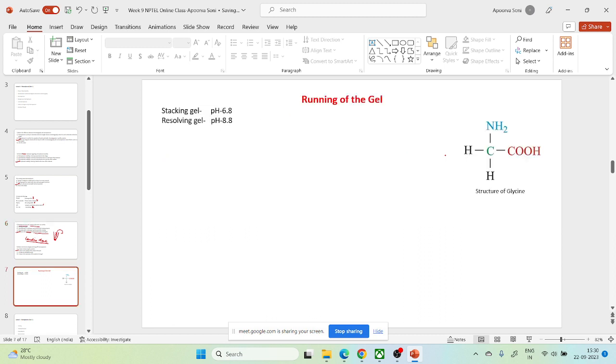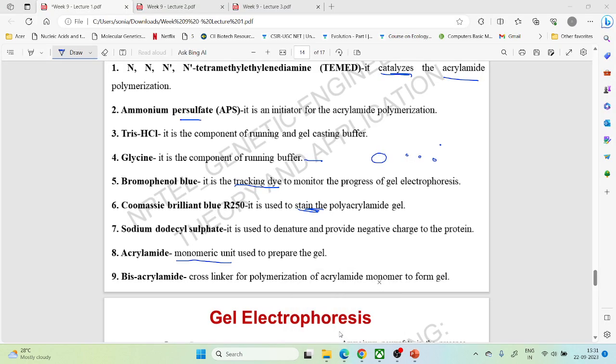Anyways, now, running of the gel is something which is a little bit important when we are dealing with polyacrylamide gel electrophoresis. So first we'll see here.